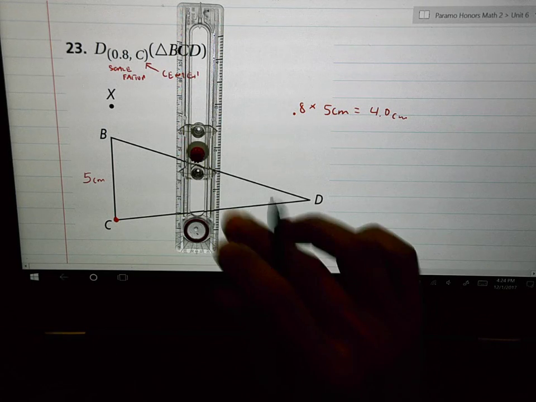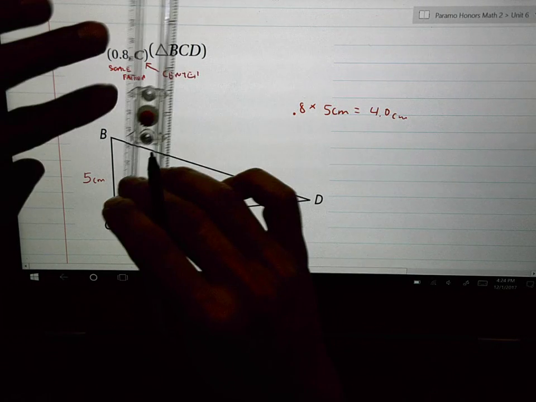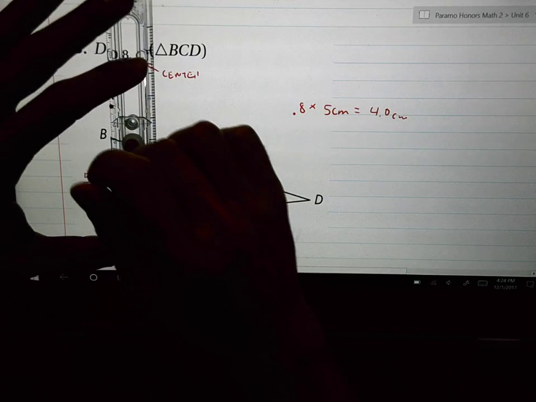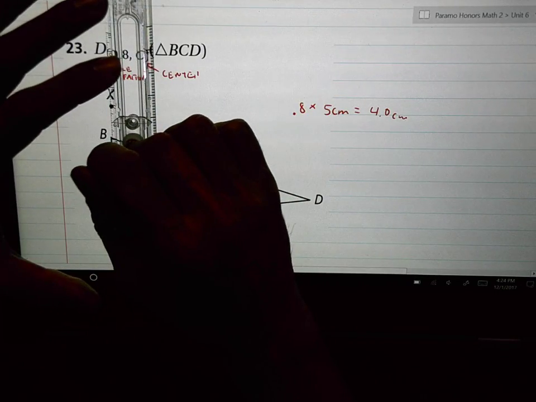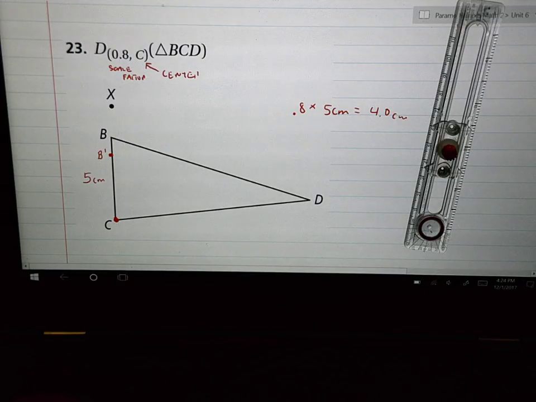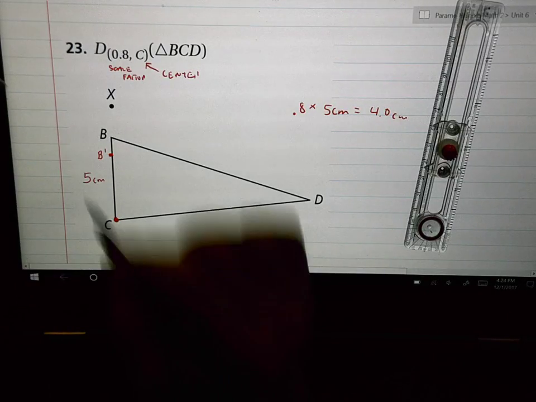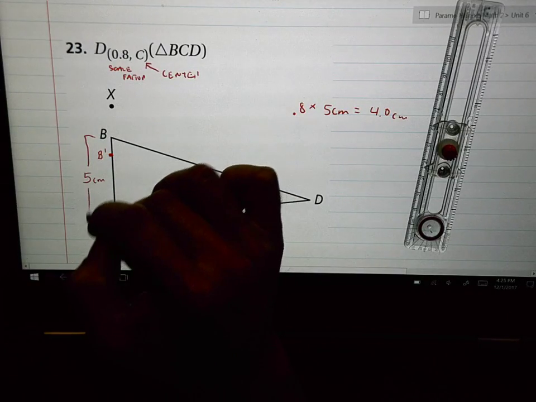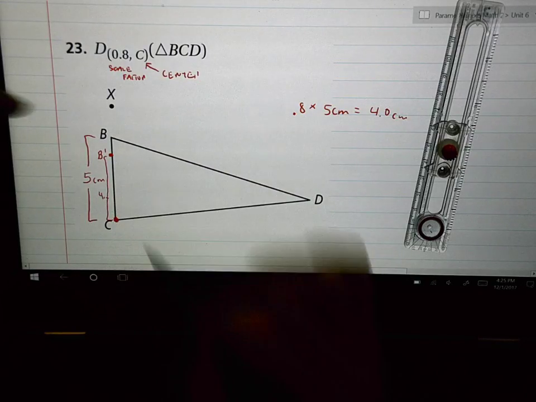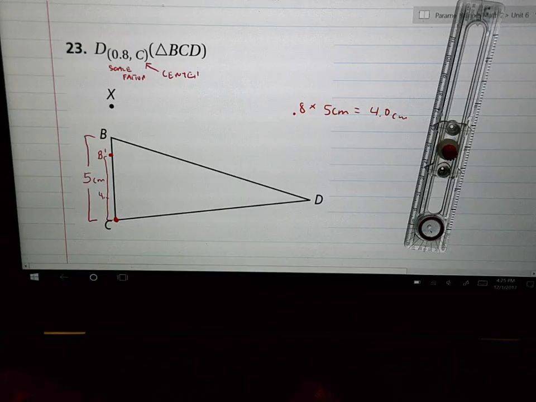Well, a scale factor of 0.8, that means B prime with the center of C will be right here, B prime. That's how it works. This distance is 5 centimeters. This distance is 4 centimeters. It has a scale factor of 0.8. Does that make sense to you?